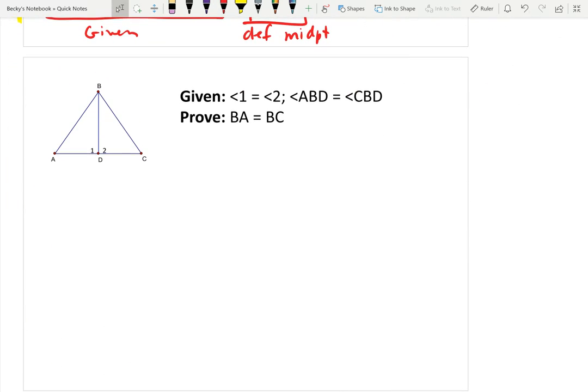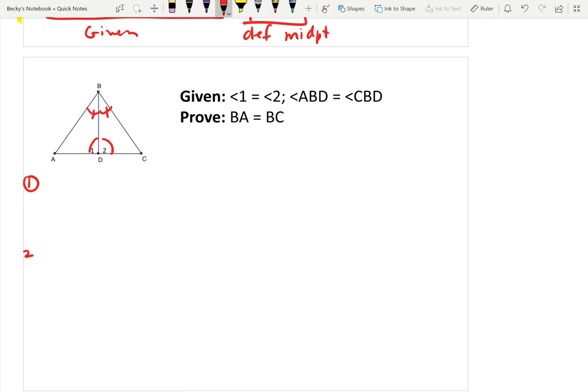All right, same picture, different information given. This time I know angle 1 and angle 2 are congruent. And I know ABD, so this one way up here, is congruent to CBD. Okay, now I'm only given 2 things, but I need 3, so look for something that's hidden.